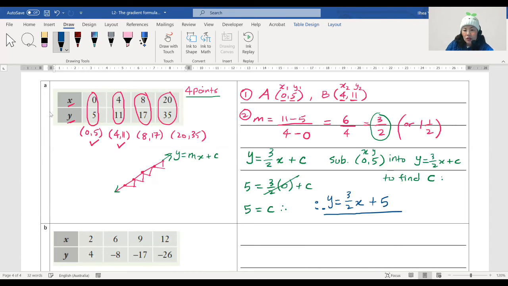That's my equation, or I could say this is my linear function. But the actual answer for this question is 3 over 2. That was the gradient. That's the only thing we have to find.